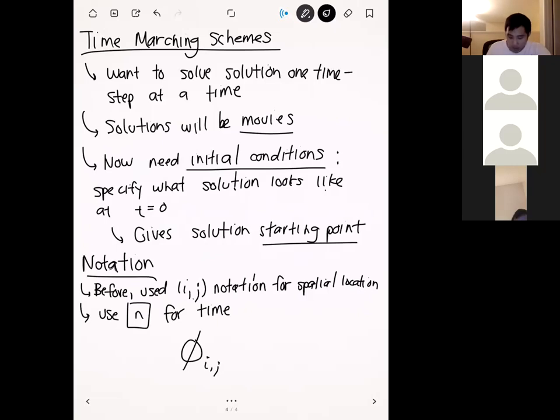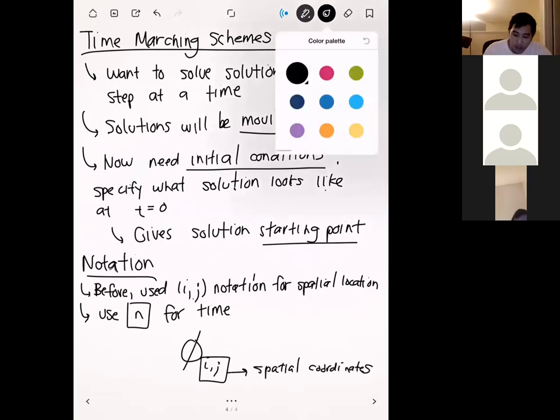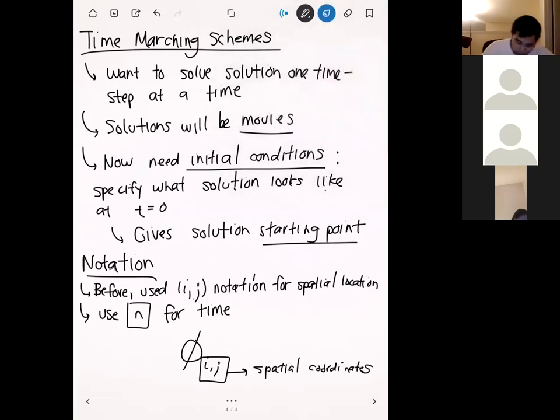This is what we had previously. If we wanted to say the phi value at i, j, we put the i, j in the subscript here. This is the spatial coordinates. And then to denote time, we're going to use a superscript up there, and this guy in the superscript is going to be our time index.